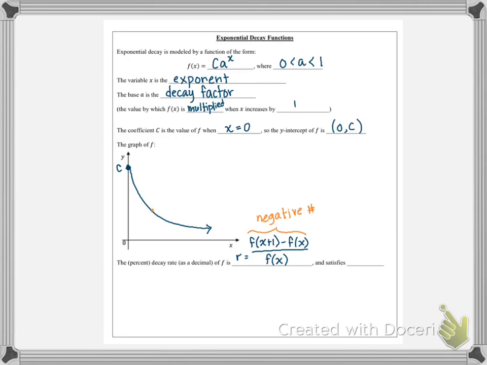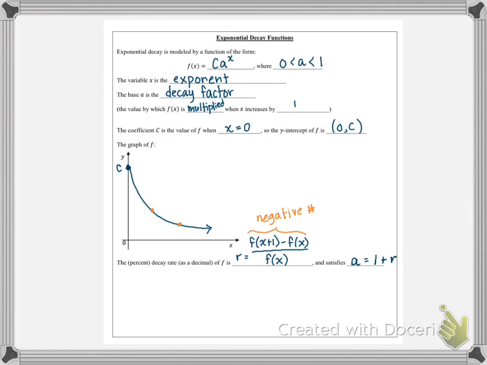Right, because if I have 2 points and I subtract the rightmost y value minus the leftmost y value, that's always going to give me a negative if it's going down to the right. And so our percent decay rate is always negative. And it still satisfies exactly the same relationship between that decay factor and the percent decay rate.